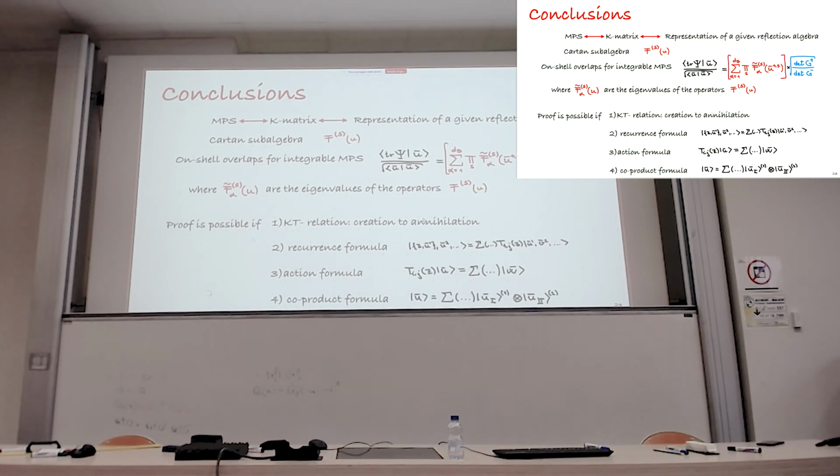Somehow it can be related, but sometimes it exists, and sometimes not. It depends on what the representation of the twisted Yangian is. You can obtain a twisted Yangian representation from the Yangian representation. If the twisted Yangian just comes from the Yangian representation, then this prefactor is just the transfer matrix eigenvalue.